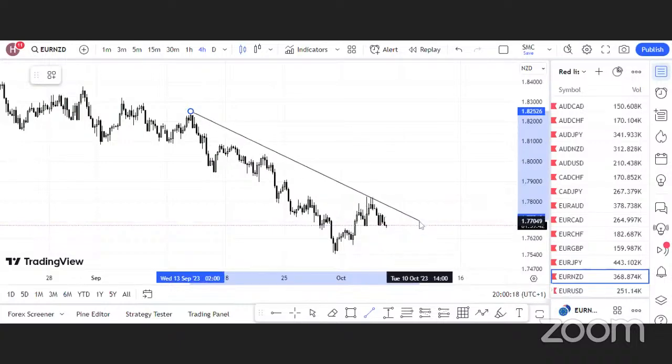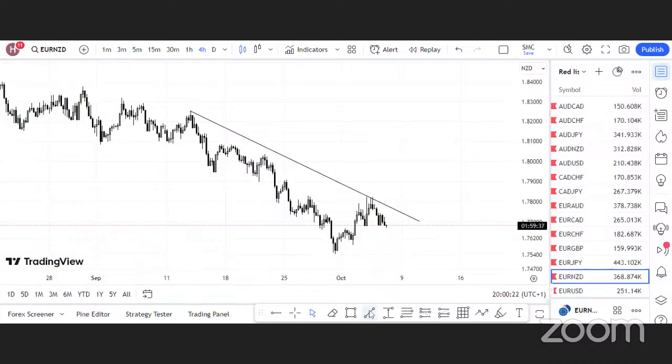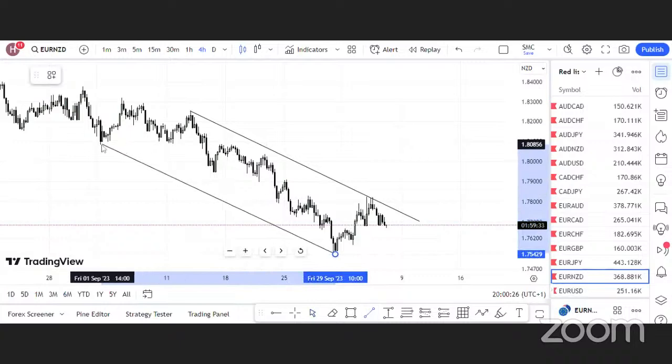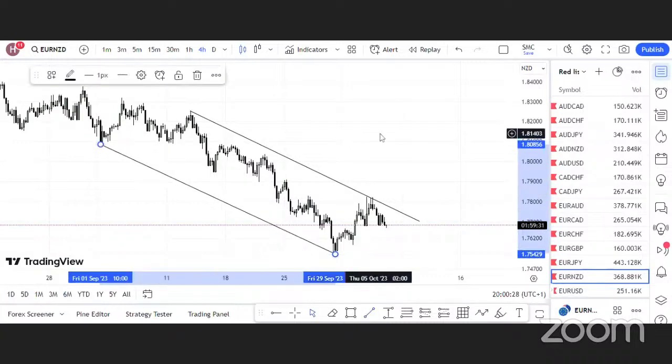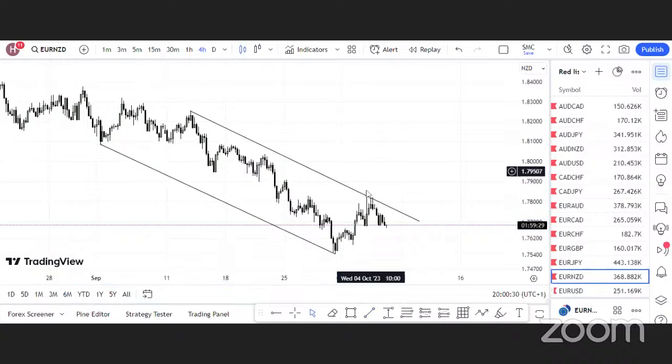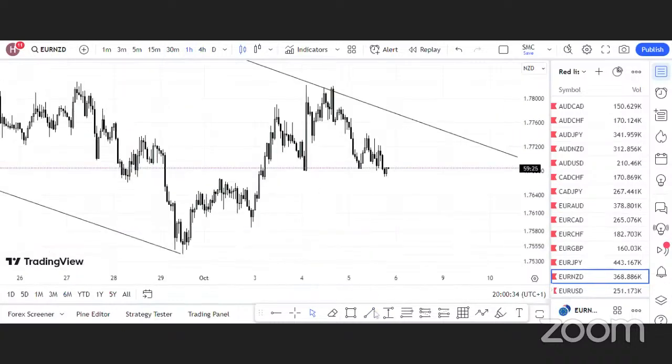Okay. Let's do it this way, since we are still on the downtrend. Let's go to the 1 hour time frame. So on the 1 hour, we have something like this.